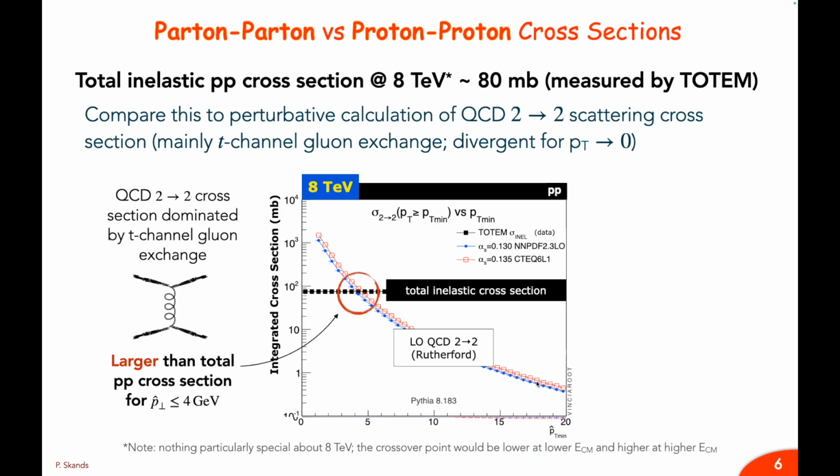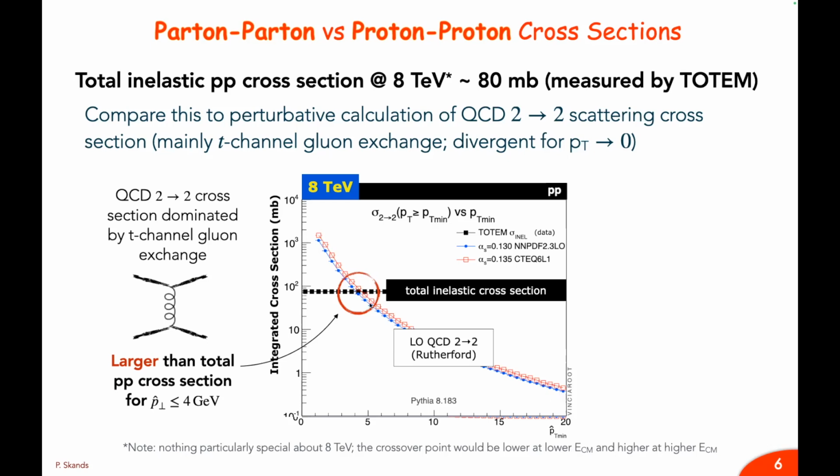So here I've just plotted two different perturbative calculations for the 2-to-2 cross-section calculated in perturbation theory, integrated above some pT min. And you can see that at pT min equals 20 GeV, that's about 1 millibarn. So it's a small fraction of the total inelastic cross-section that have scatterings that are above pT of 20 GeV.